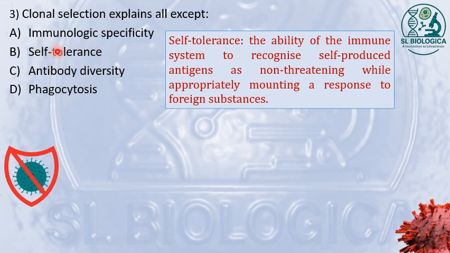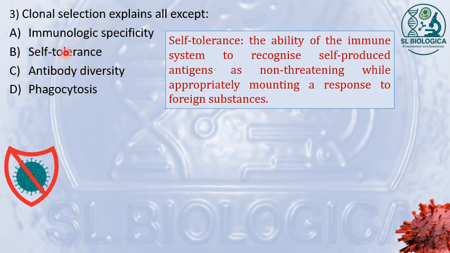All the lymphocytes which bind with the self antigens get eliminated, and only those lymphocytes which recognize our self antigens as non-threatening will move to the next stage. That is represented by the term self-tolerance. So again, clonal selection represents this self-tolerance.